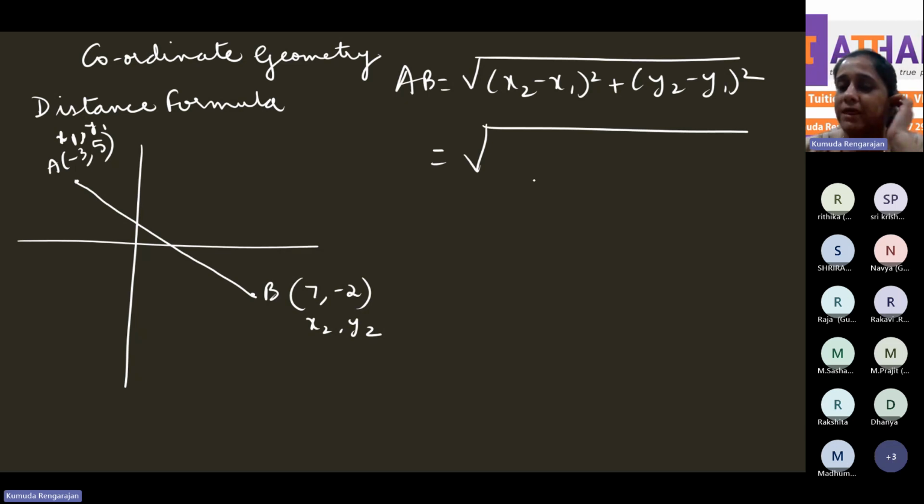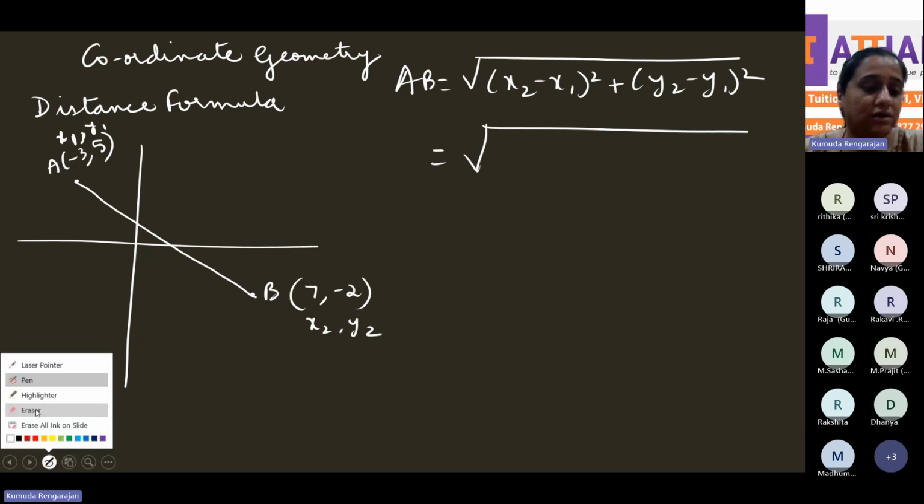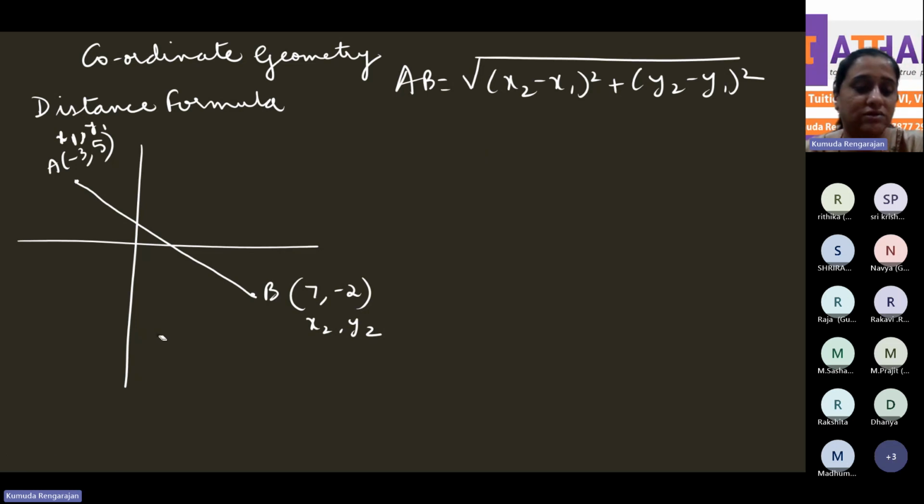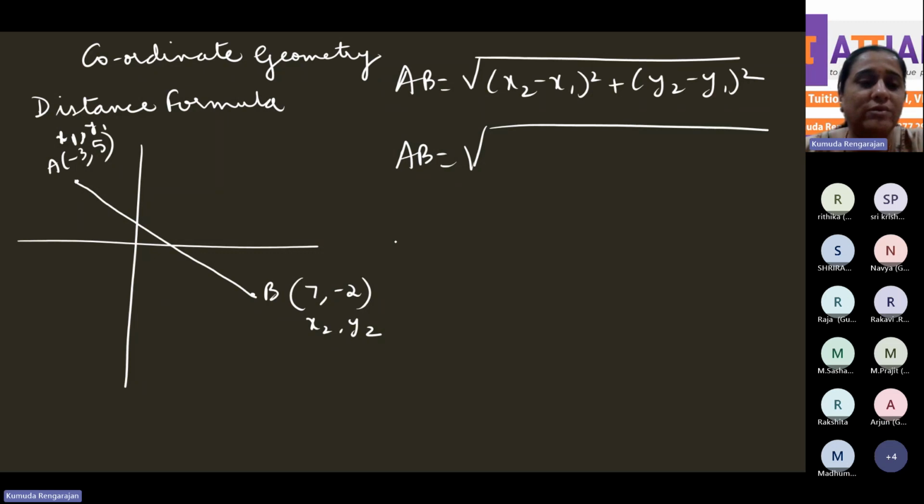So square root of. Another thing I want to say is in words. How do you remember this formula in words? Now, we know that x1 and x2 are called the abscissae, the x coordinates, right? x1 and x2 are the abscissae of the points A and B. Abscissa is singular, abscissae is plural, which means x coordinate.